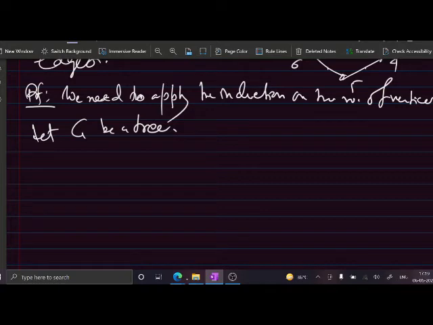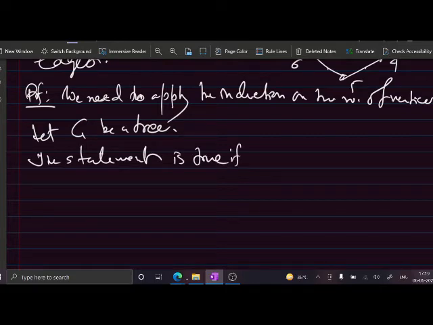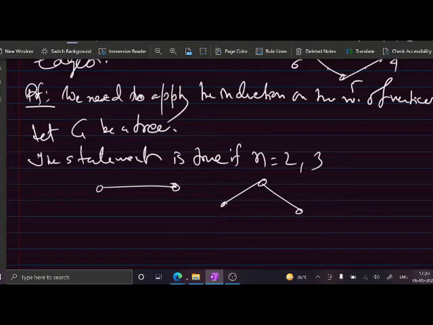Now the statement is true if the number of vertices n is 2 or 3, because any tree of two vertices will be represented like this, and any graph of 3 vertices which is a tree looks like this.